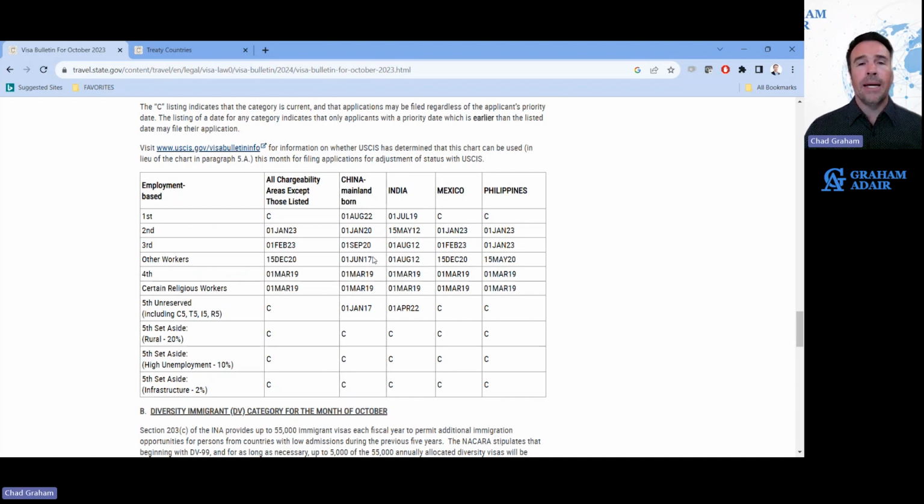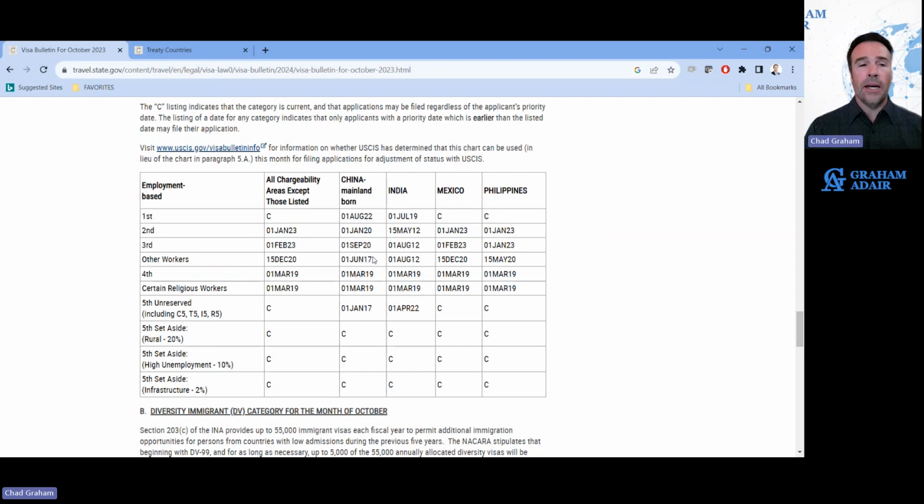Some people might say, well, even though I qualify for the second preference category, shouldn't I just file under the third because the dates look better? My answer to that is they look better right now, but this visa bulletin comes out every month and the dates move.